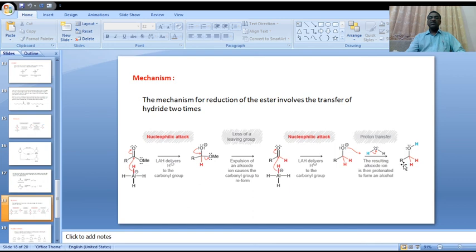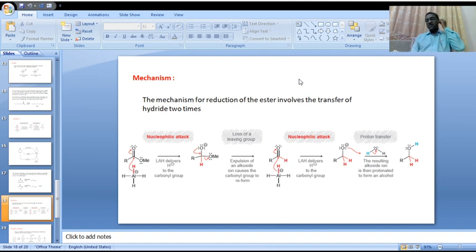Finally, after abstraction of hydrogen from the water molecule, it is converted into alcohols. Finally, we are getting monohydric alcohols. Monohydric alcohols. Is it clear, all of you?